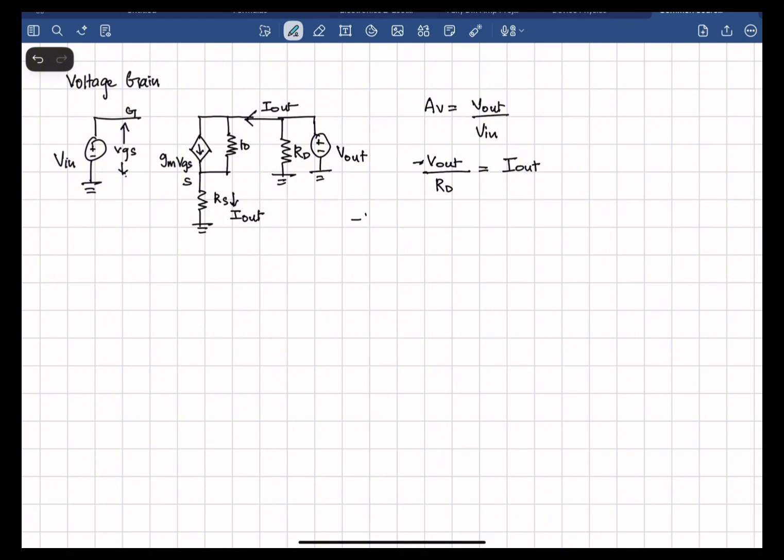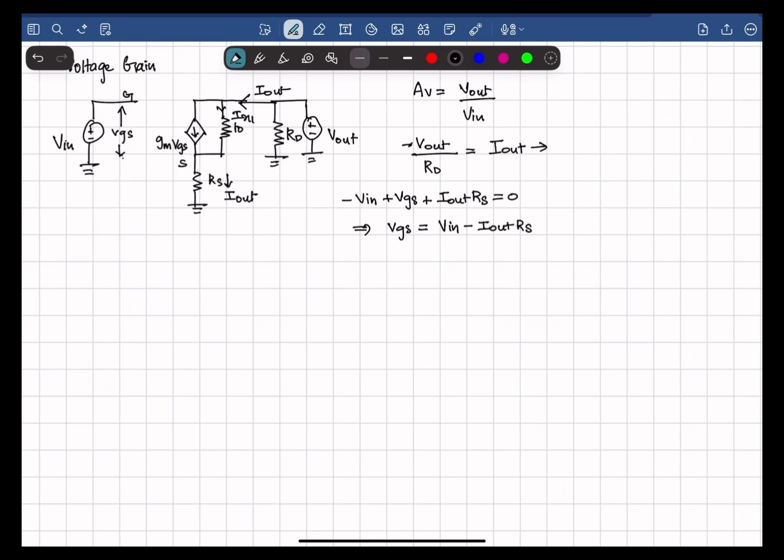So minus Vin plus VGS plus Iout into Rs is equal to 0. From this, we can say VGS is equal to Vin minus Iout Rs.